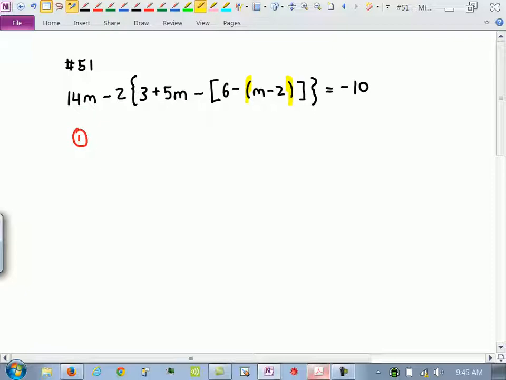The only way I can remove those parentheses is to do what? Distribute what? A -1, right? That 6 is not going to be distributed. The 6 is out front. So we look at that negative in front of that parentheses, like that red 1 I just put there. That -1 goes through. So now again, I'm going to rewrite everything.